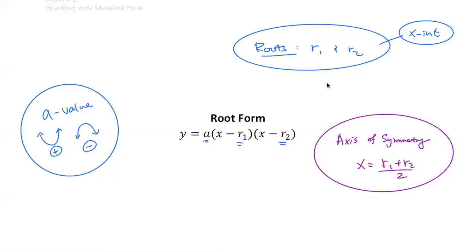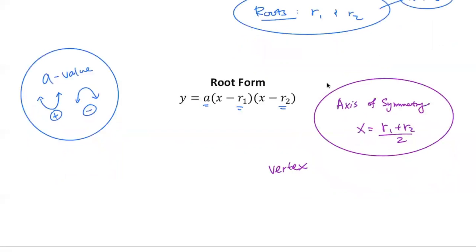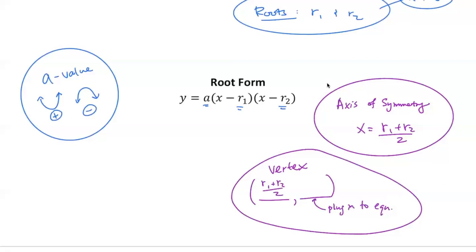And if you know the axis of symmetry, then you can also know the vertex indirectly, of course, because the vertex's x value comes from the axis of symmetry. Then you can plug the x value you got earlier into the equation to find the y value of the vertex. So that's just like what we did earlier.